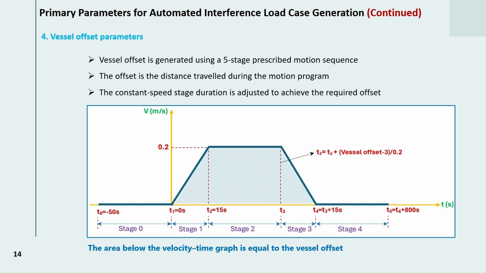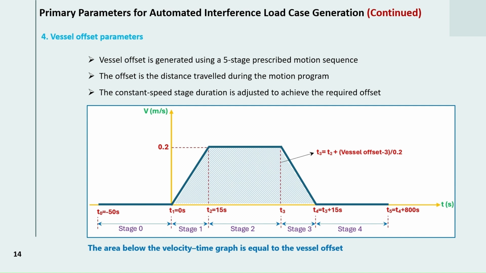The offset is the distance traveled during this motion program. So the area below the velocity time graph is equal to the vessel offset. The key practical point is that the duration of the constant speed stage is adjusted to achieve the required offset.